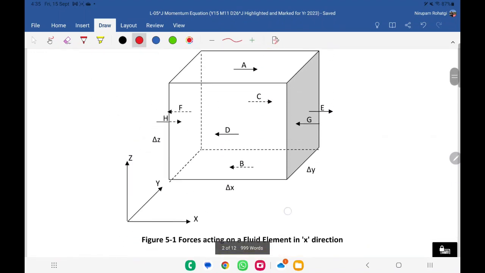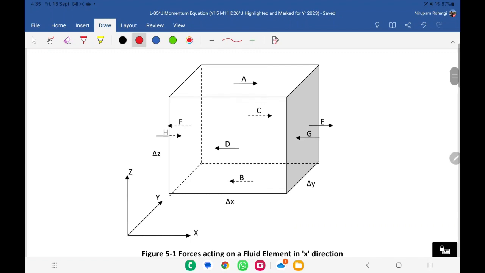So this is our control mass, which means that boundaries are flexible but impervious. Boundary is flexible and impervious.